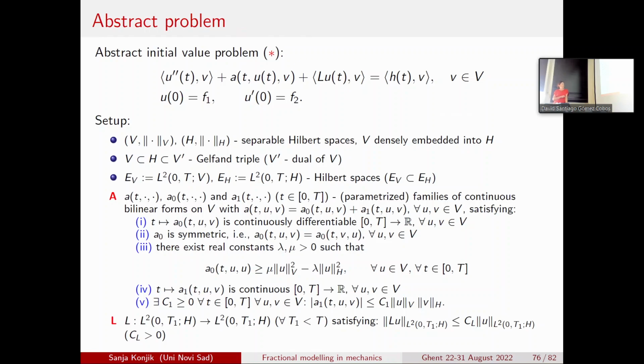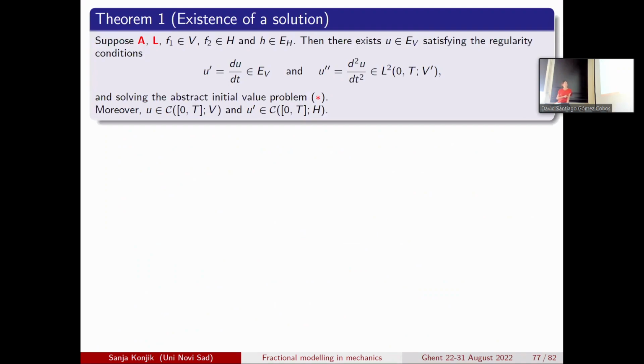So assuming A and L for this abstract problem, it is possible to prove the existence of a solution, and that solution in addition satisfies the regularity condition. So U prime is an element of EV, the second derivative is in L2, and moreover our solution is continuous, and the first derivative is also continuous. U is with values in V and U prime with values in H.